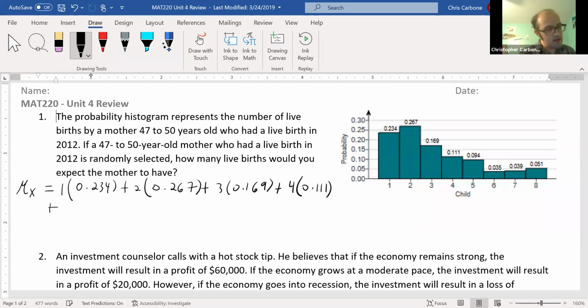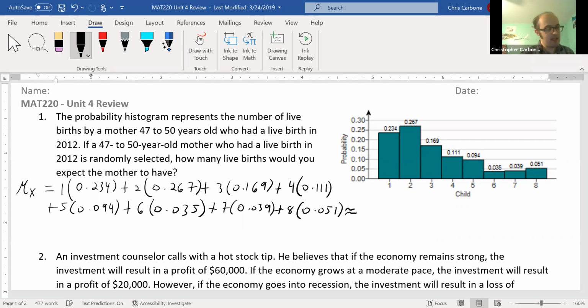plus 5 times 0.094 plus 6 times 0.035 plus 7 times 0.039 plus 8 times 0.051.